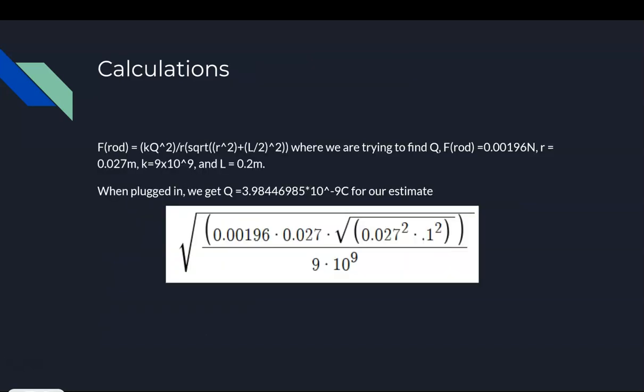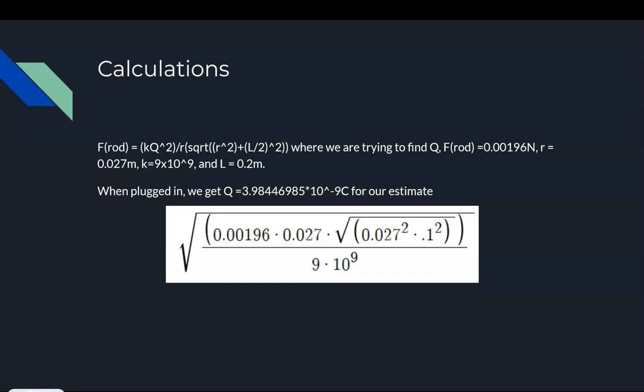Calculations. Why we're using specifically a rod is because we've sectioned them off into n number of sections on this tape, and basically it becomes a rod of charges from tape B to tape A. So we're trying to find Q, the actual charge.